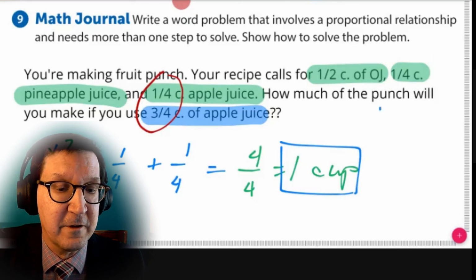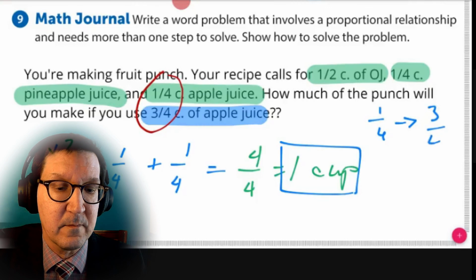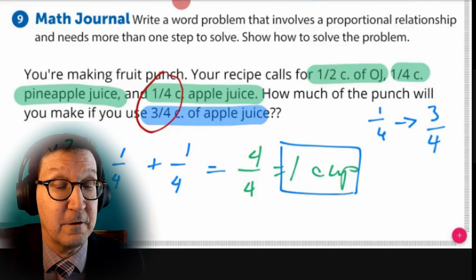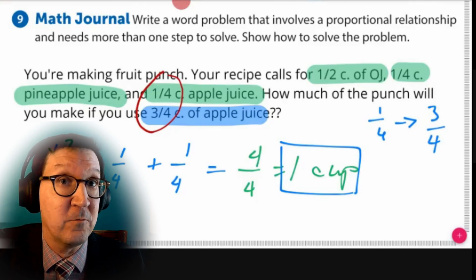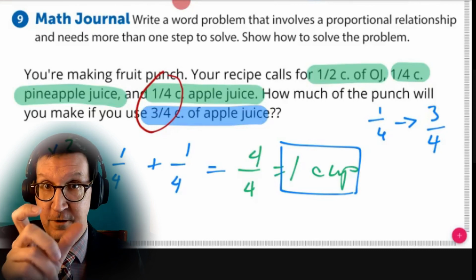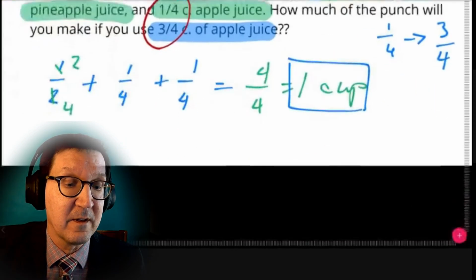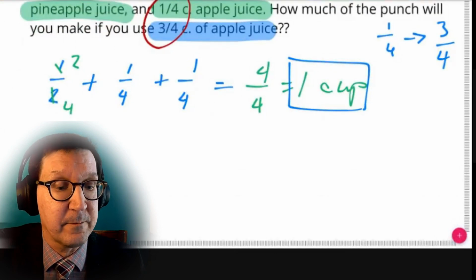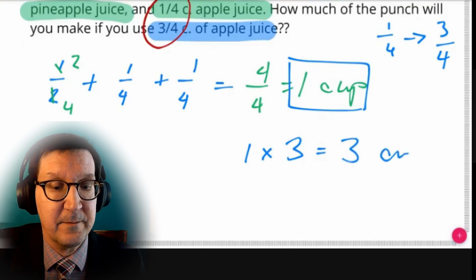Now you're going from 1/4 cup to 3/4 of a cup. So that means you're tripling your amount because you're going from 1 to 3. It's 1/4 to 3/4, but the ratio you're increasing is still 3. So you go from 1 cup times 3, and you get 3 cups altogether.